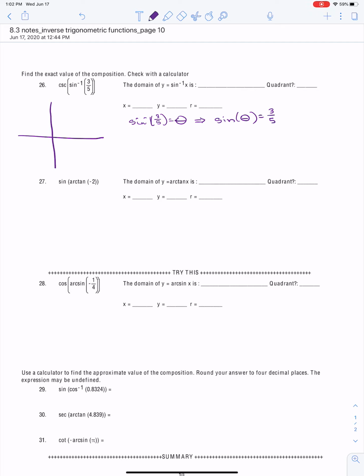Okay? And so we are going to draw this triangle in the first quadrant. We're going to label theta. And then the opposite side is 3, the hypotenuse is 5, based on that ratio of 3/5.